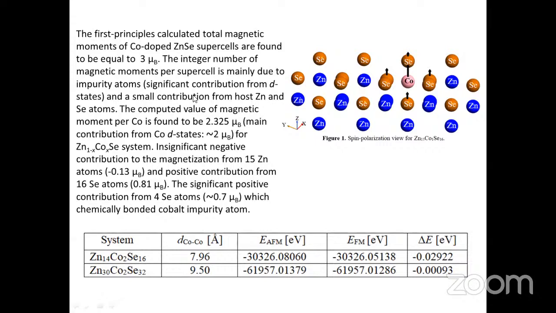The computed value of magnetic moment per impurity is found to be 2.3 Bohr magneton. The main contribution is from cobalt d states, approximately 2 Bohr magneton for the cobalt doped zinc selenide system, and there is an insignificant negative contribution to the magnetization from zinc host atoms and a positive contribution from host selenium atoms.